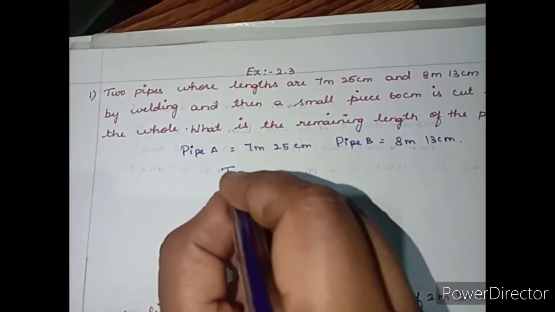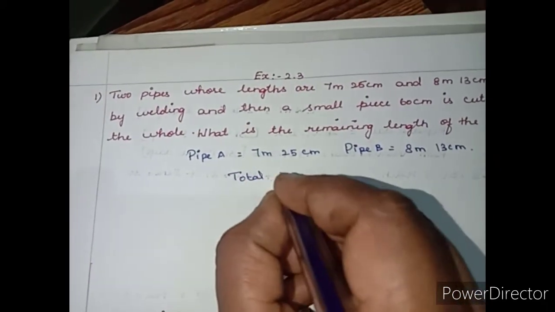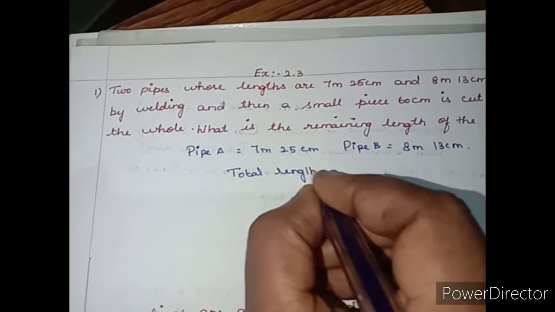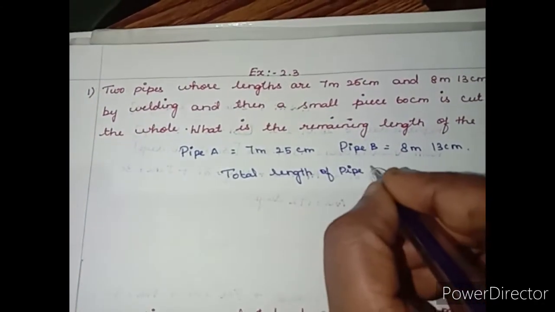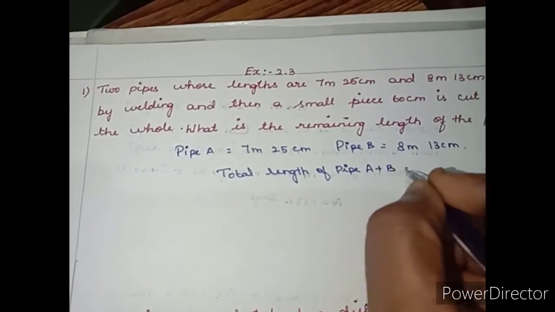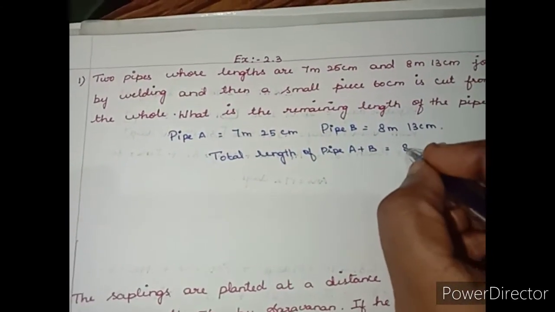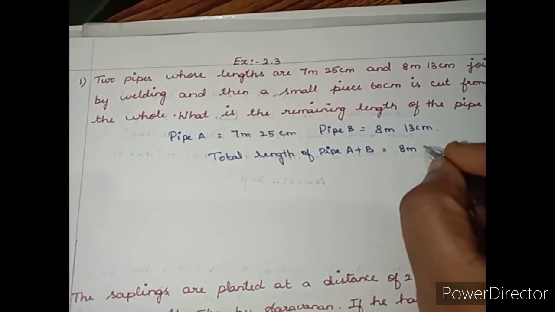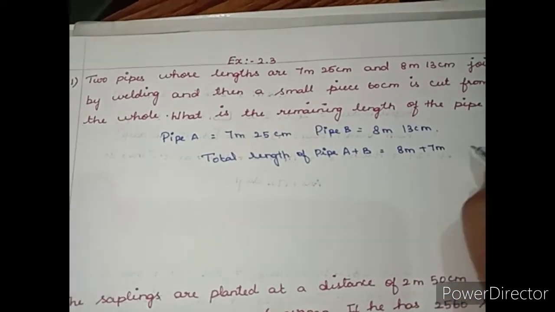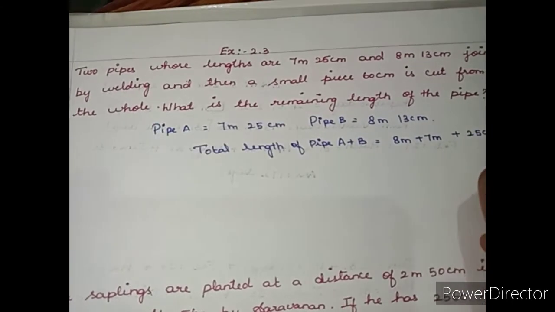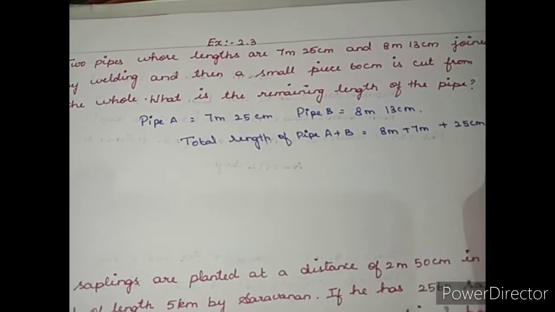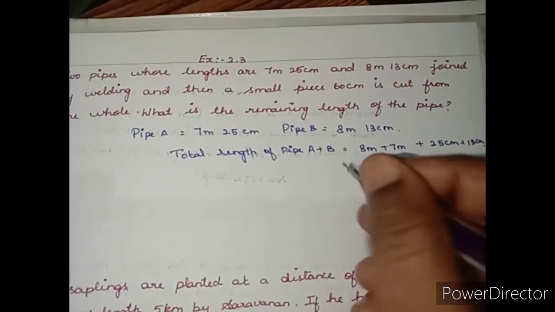So first, total length of pipe A and B is equal to 8 meter plus 7 meter plus 25 centimeter plus 13 centimeter.